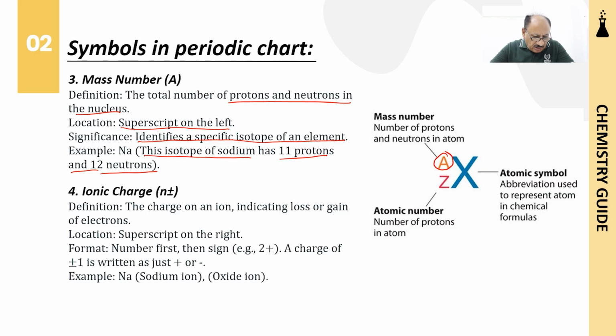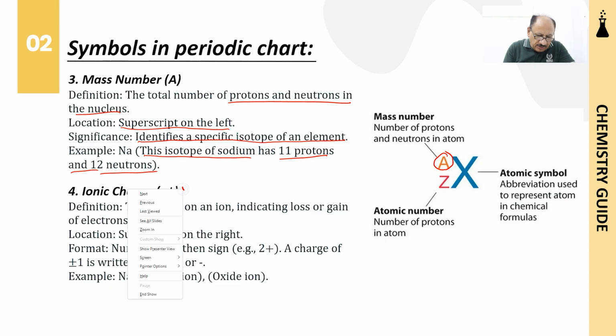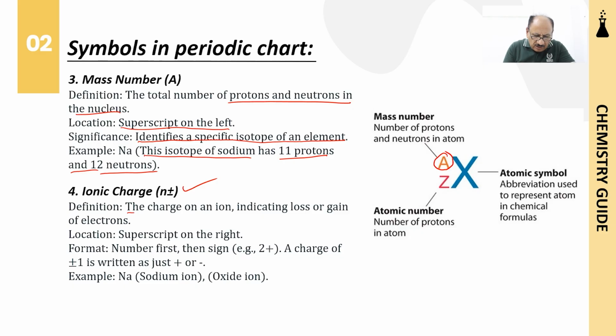Then ionic charge also, we can have positive ion or negative ion. And the charge on an ion indicates loss or gain of electrons.